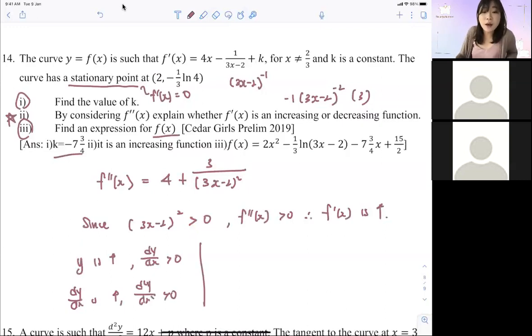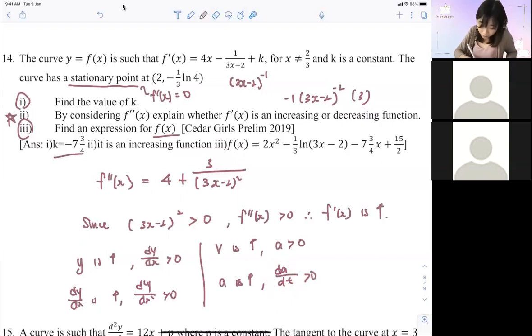That's why that day I taught you, if I want velocity increasing, how? You differentiate velocity, more than 0. The differentiate of velocity is acceleration, so acceleration more than 0. If I want acceleration to be increasing, then the differentiate of acceleration is bigger than 0. There's no special term for the differentiate of acceleration, so just dA over dt more than 0.